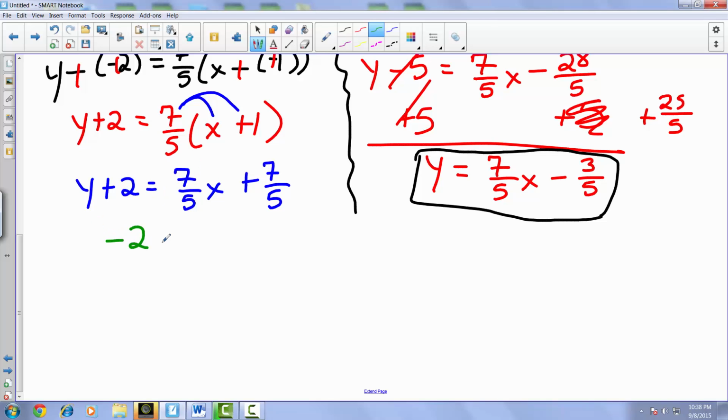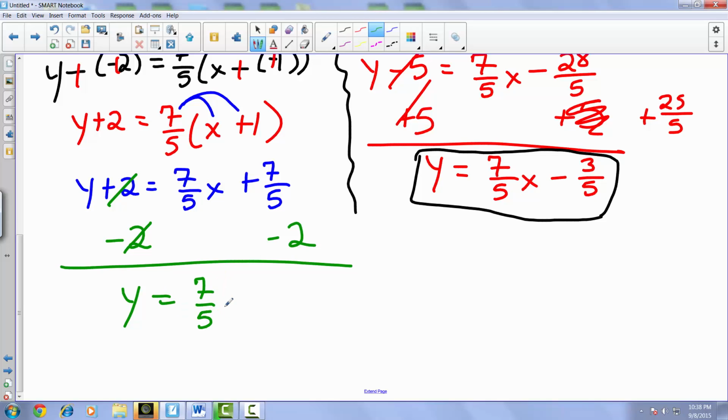So we're going to go ahead and subtract 2 from both sides. Looks like we end up with just y on the left side is equal to 7/5 x. In order to be able to combine these, we have to have the same exact bottoms. Well, -2 is the same thing as saying -2 over 1. In order to actually subtract this, we have to have the exact same bottoms again. So we're going to do a little bit of foo. We're going to multiply this by, we need the bottom to be 5, so we also multiply the top to be 5.